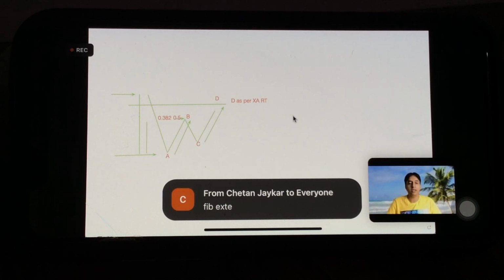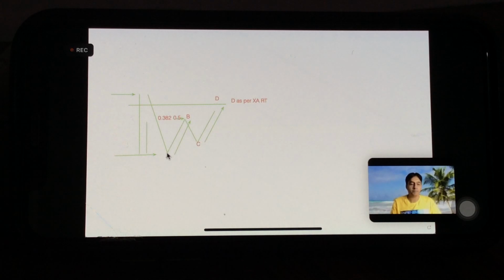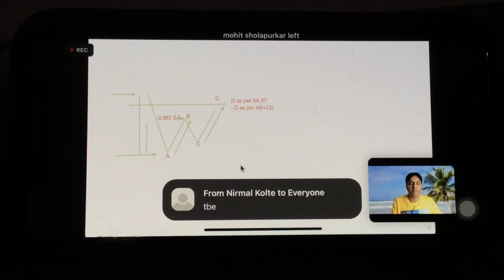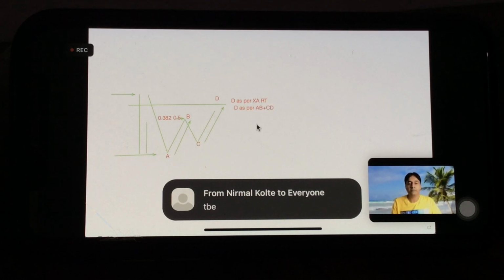Yes, we use trend-based fib extension, where once we click on the trend-based fib extension, we click on A, we click on B, and we click on C. And so the level 1 where it coincides, that will be our D as per AB equal to CD, right?